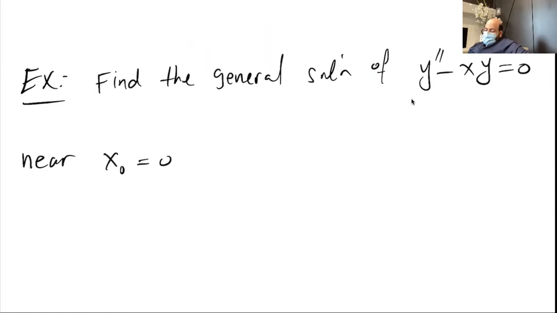So this time in the question, unlike in previous examples where x0 was not given and we had to choose it, x0 is given as 0.